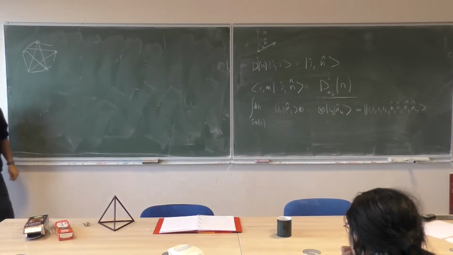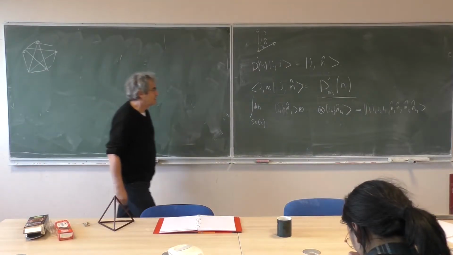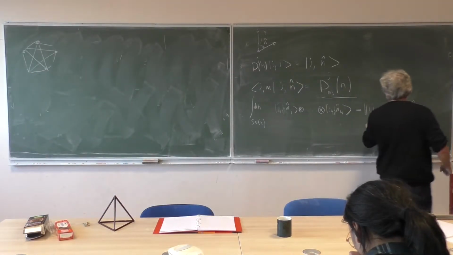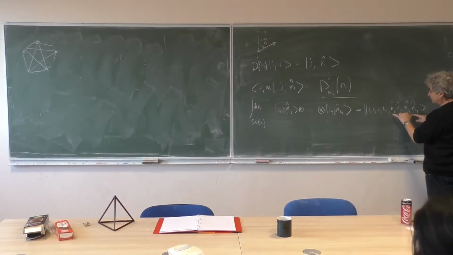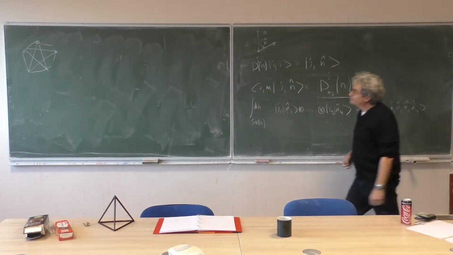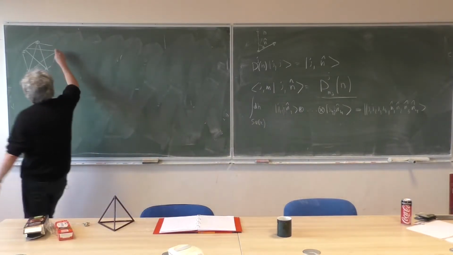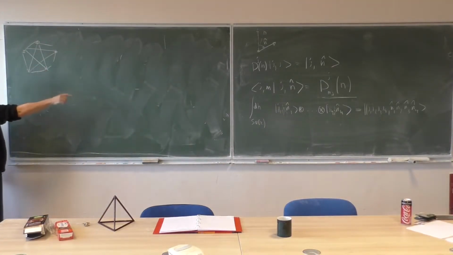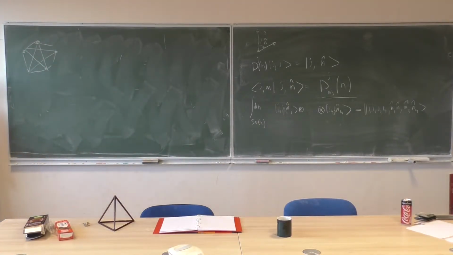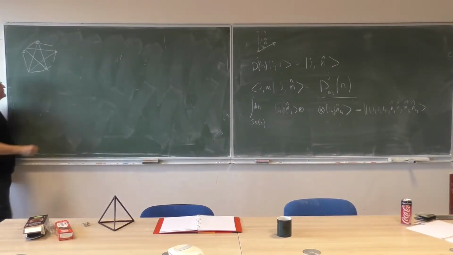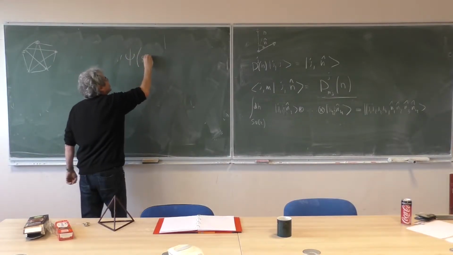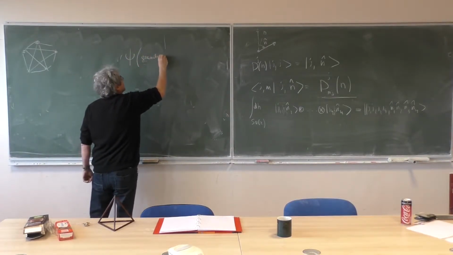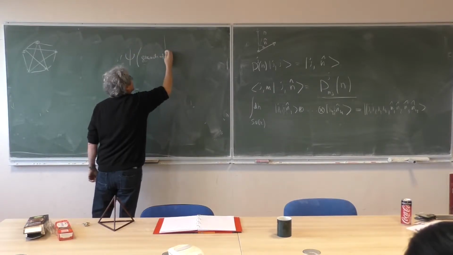So I can write a state which has all the areas sharp and all the geometries I want by putting in the intertwiner here, here, here, and here, in each one of those states. Okay? And so I have a state that depends on the geometry of a four simplex.